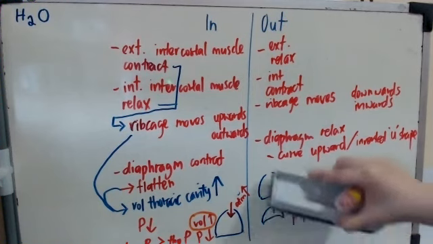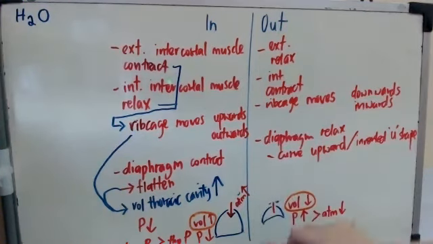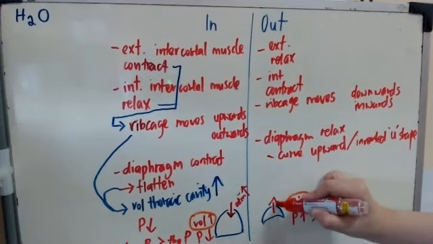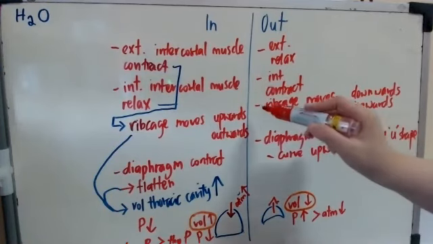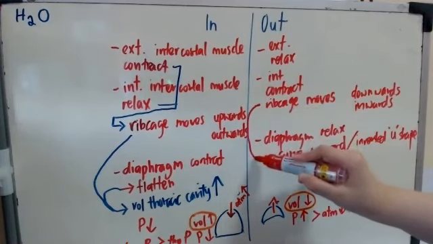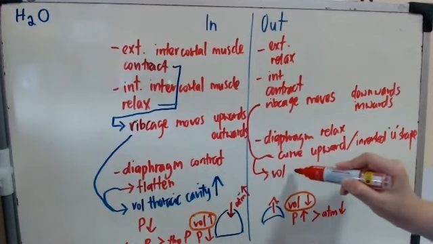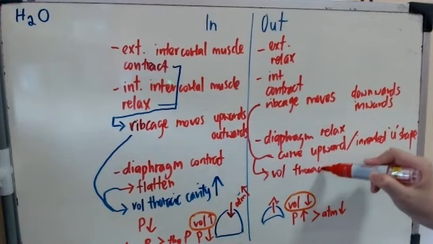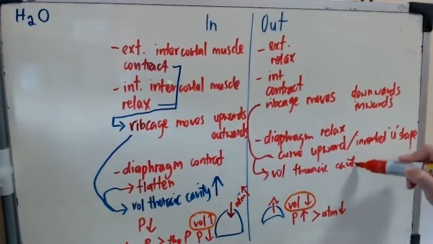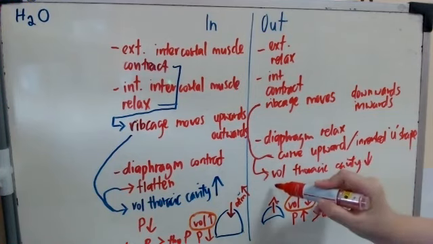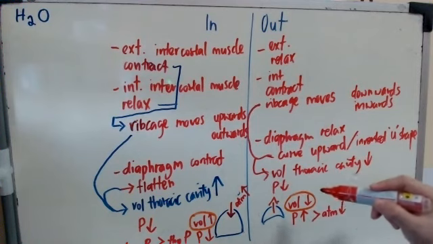When this occurs, this rib cage plus the condition of the diaphragm will then cause the volume of the thoracic cavity to decrease, and then the pressure will drop.